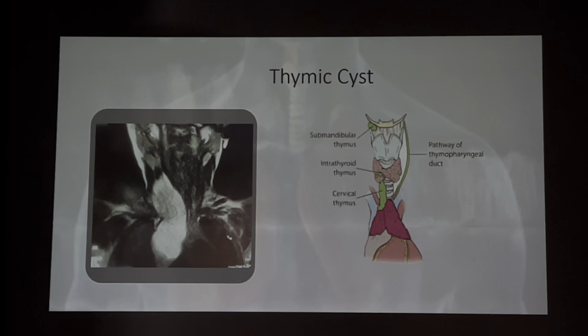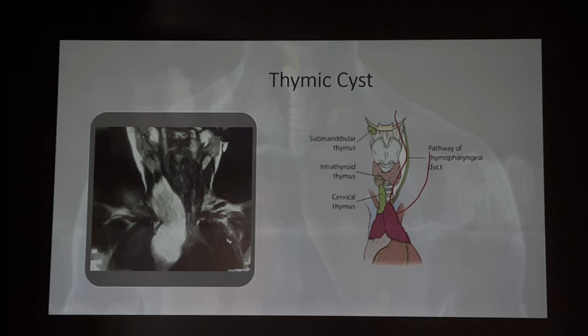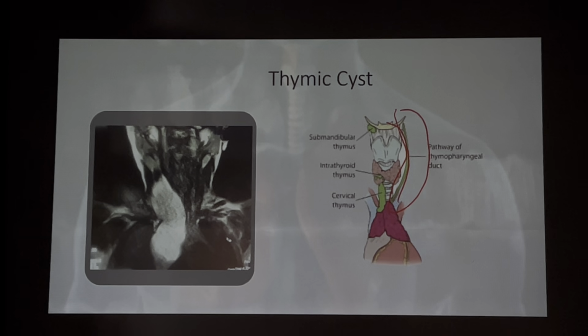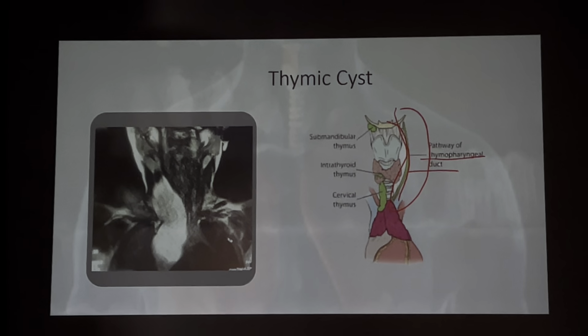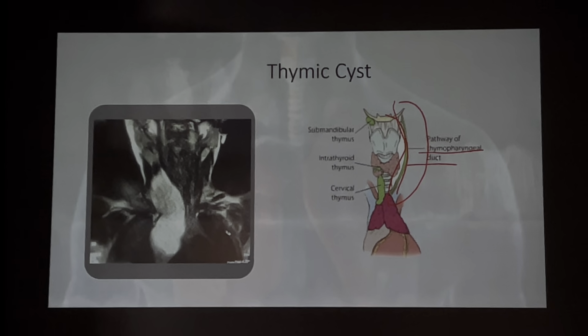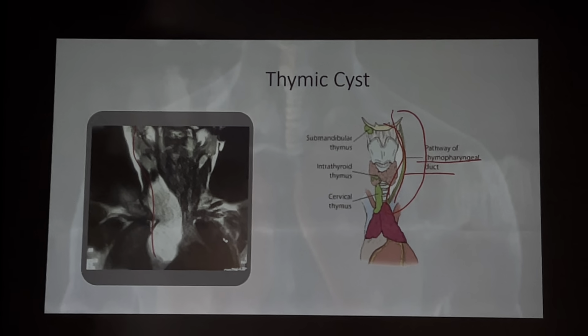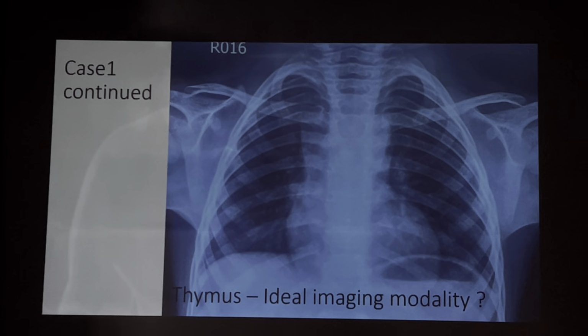Actually, it is a thymic cyst, and we all know that a thymic cyst follows the pathway of the thymopharyngeal duct. So this was a case of thymic cyst. The patient was operated.